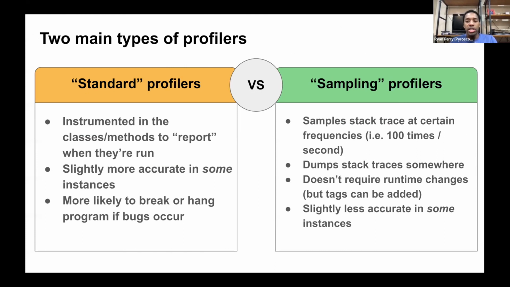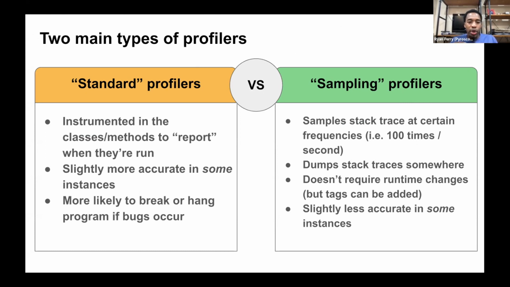But before getting into that, I wanted to talk about the two main types of profilers. You have your standard profilers, which are what people are most familiar with historically.